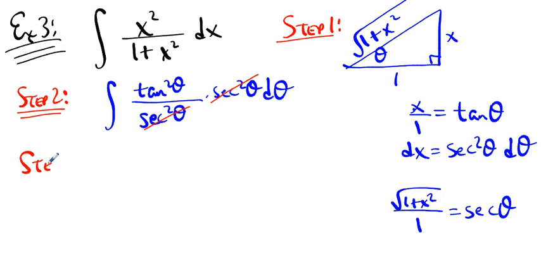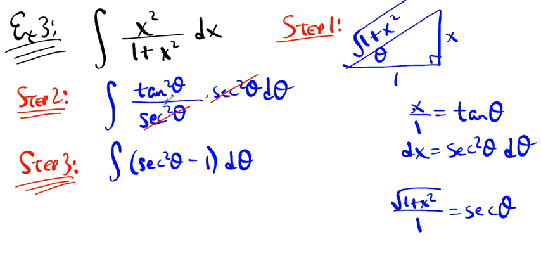So we go to step 3. Step 3 is to evaluate the integral. How did we do the integral of tan squared theta last time? Well, we wrote it as the integral of secant squared theta minus 1. We used a trig identity to get us something whose antiderivative was obvious. Tan theta minus theta plus a constant.